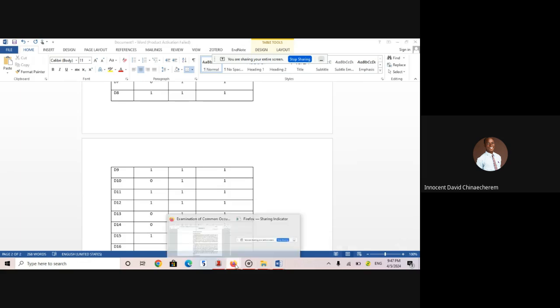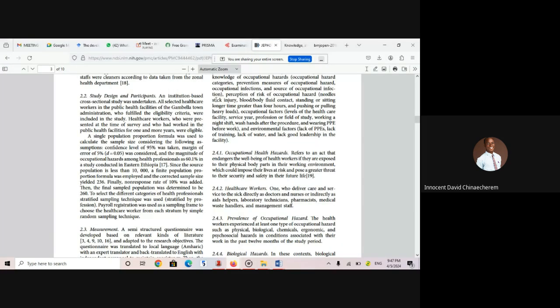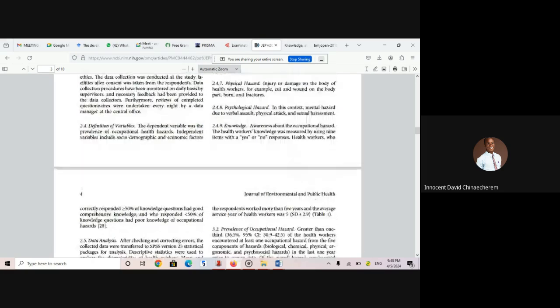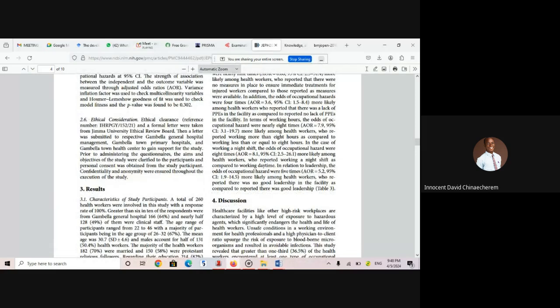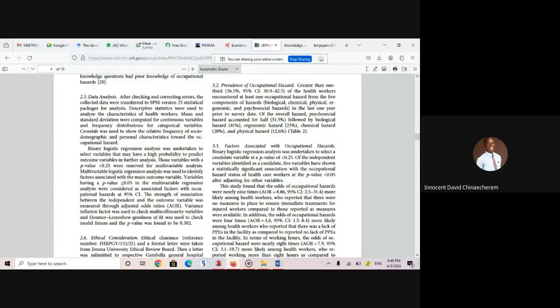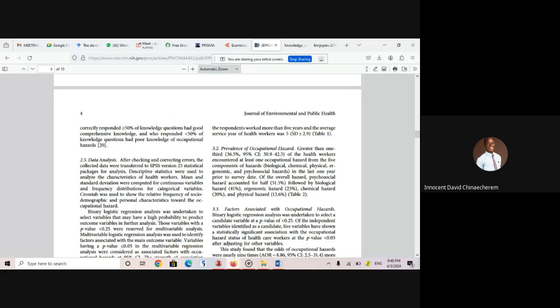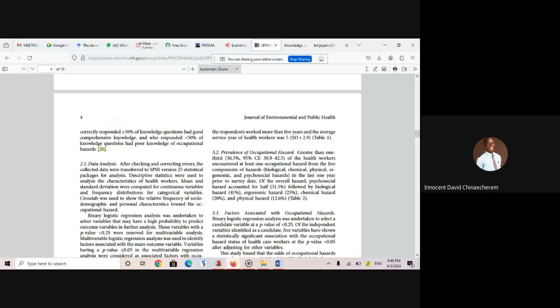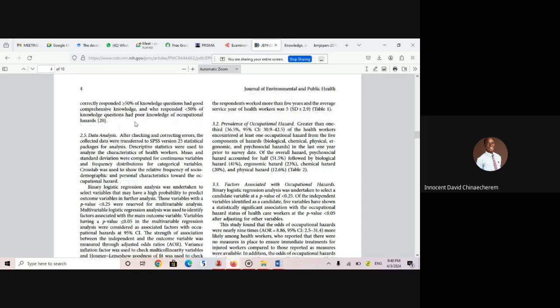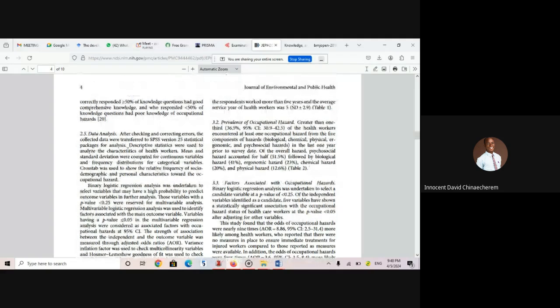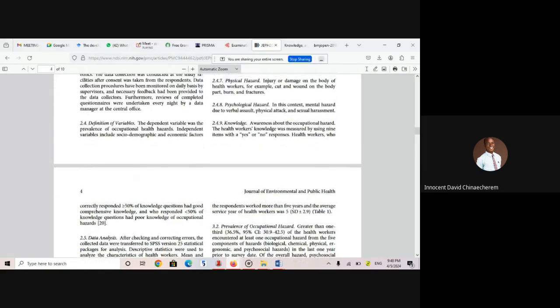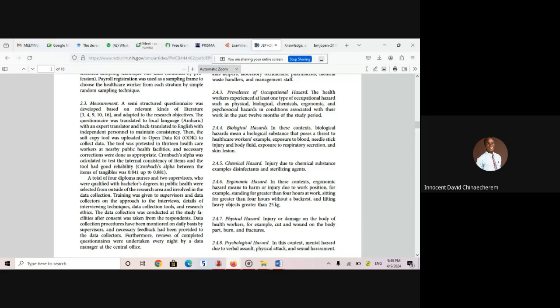But then when you check out the second paper, the internal consistency, which is the reliability, you'll find it somewhere here. It is here.